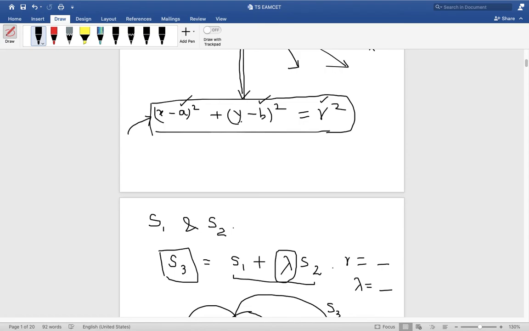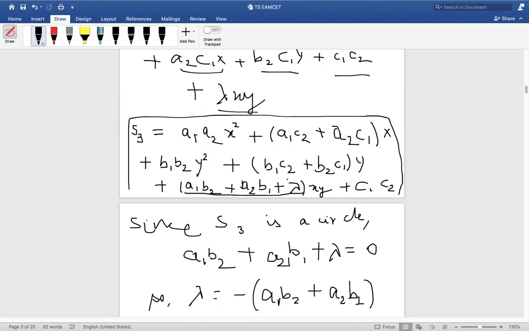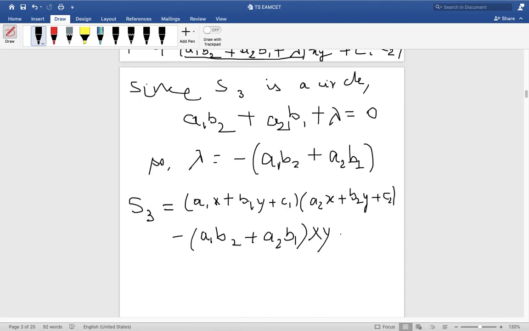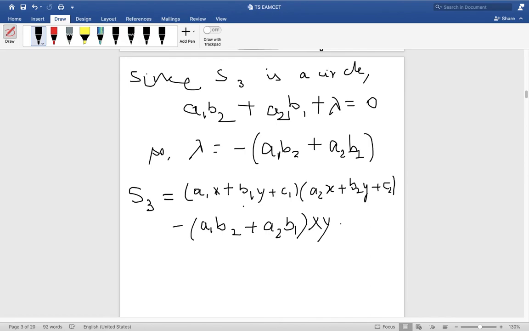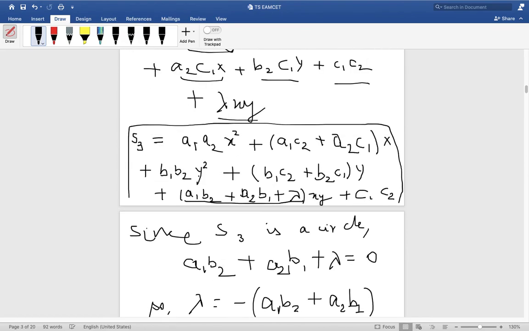The coefficients of x square and y square are equal, which is 1. If the coefficients of x square and y square are not equal, you will not get a circle, you will get an ellipse. But we do not have an ellipse, we have a circle because these points are concyclic, not co-elliptical. These are concyclic. That is, they lie on a circle. Hence, the coefficients of x square and y square have to be equal.